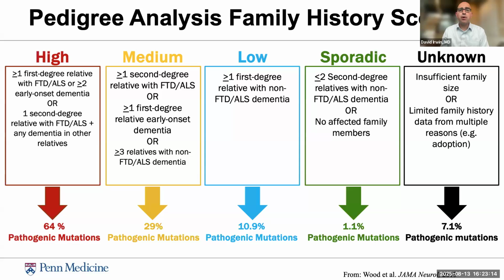This is a brief summary of a report that we did several years ago using structured pedigree analysis, avoiding all the details here, but just by being able to classify the number of first and second degree relatives with a dementia or with a more specific FTD or ALS diagnosis, we can classify risk, and those patients with higher levels of family history have a higher rate of having a pathogenic variant. So genetic testing is a very personal decision. Counseling and access to genetic counseling to help patients and families make the best decision is really important.